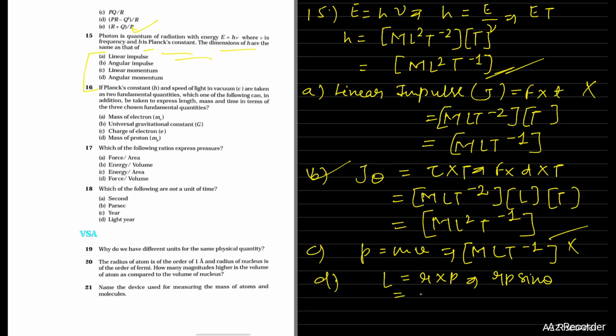Simply L is length and P we already found as mlt minus 1. So we will get ml square t minus 1. So this is also right. So option D and option B both are right answers.